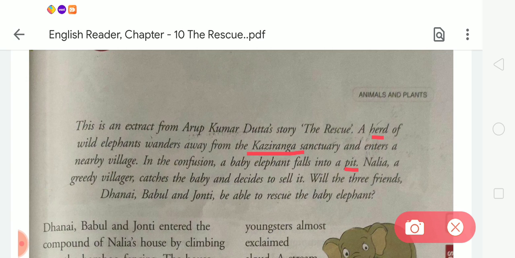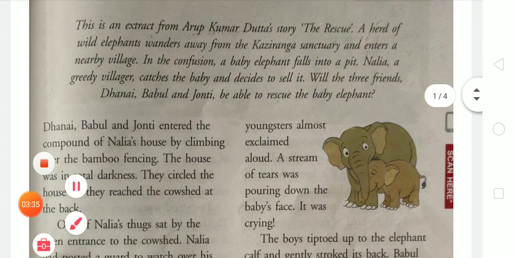Okay, so Nalia, a greedy villager, catches the baby elephant and decides to sell it. The three friends, Dhanai, Babul, and Jaunty, decide to rescue the baby elephant. Now let's start the story of how they could rescue the baby elephant.